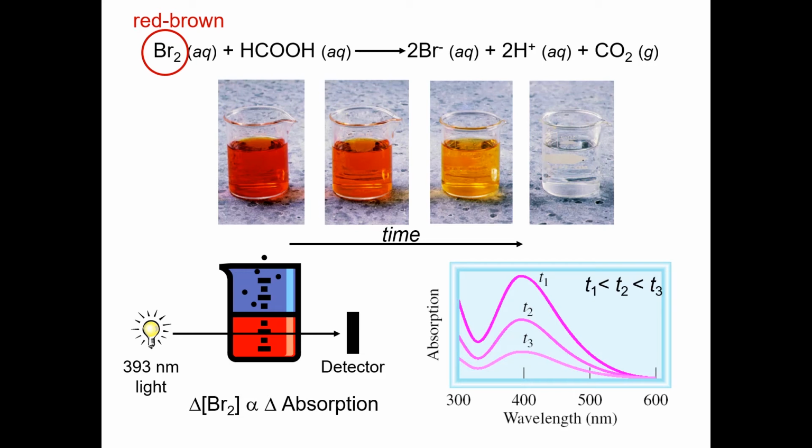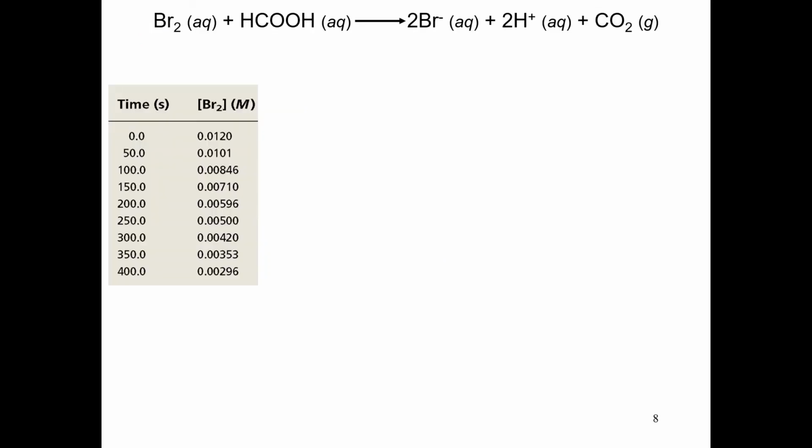You can see that in the beginning there's a sharp distinct peak a little under 400 nanometers, and then as time proceeds, T2, T3, which are later times, the size of that peak decreases. And so we can use a graph like this and correlate the actual absorption with the concentration of the reactant in solution, and we can generate a table that looks like this.